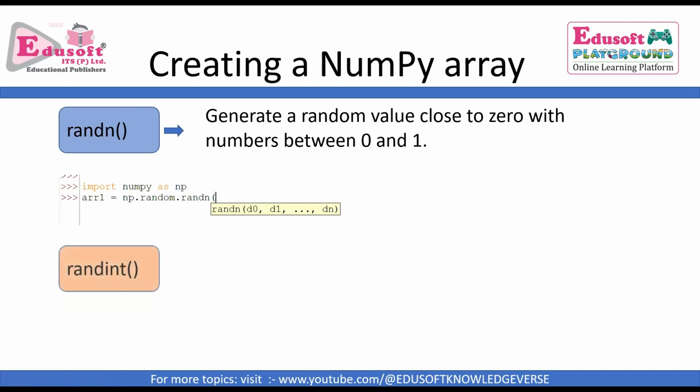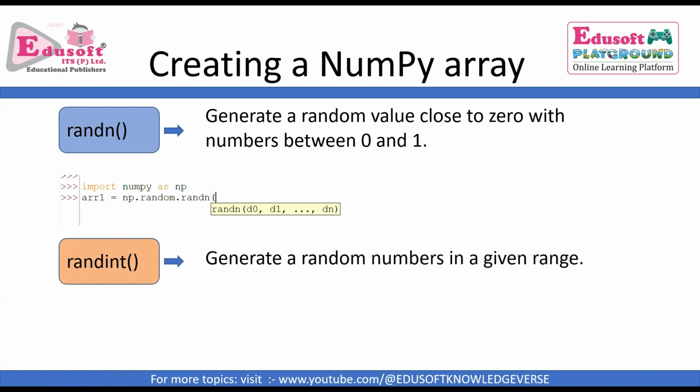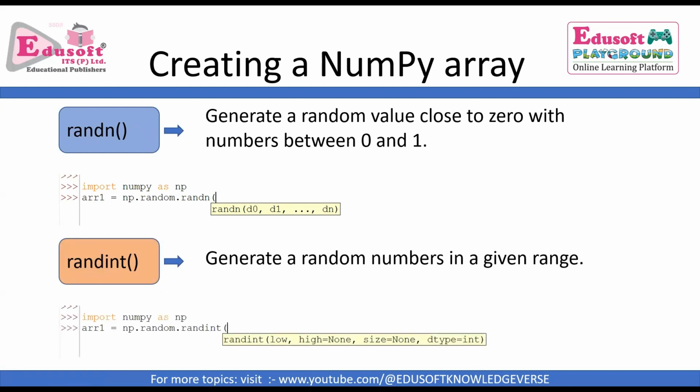The next one is the randint function. What if I want to create an array having random numbers in a given range? So what function do we have to use? We have to use the randint function. It will generate random numbers in a given range. Let's see the syntax. array1 = np.random.randint. In randint, the first argument is low, the second argument is high, the third argument is size.